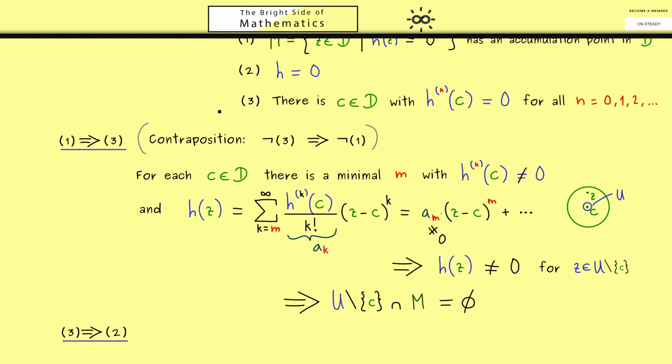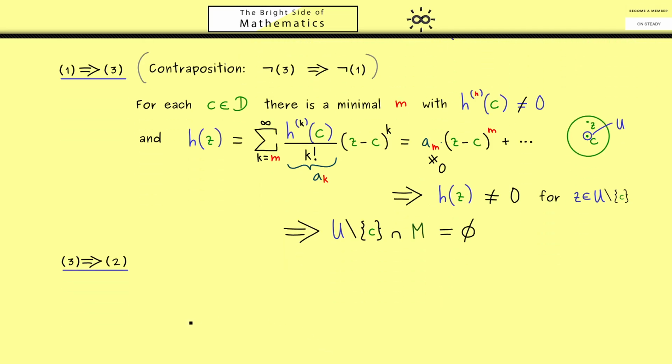Now we go from statement 3 to 2. Now, for showing this implication, one considers closed and open sets. First, I want to define the set A_k, which should be a closed set. It's the set of all the points z in D where the kth derivative of our function h at the point z is 0.